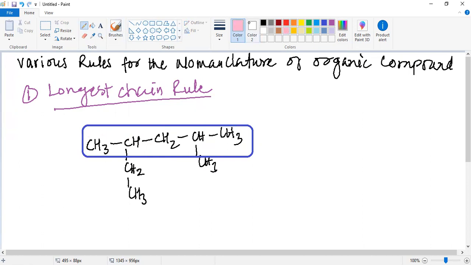So let me give the numbers. This is 1, 2, 3, 4 and 5 carbons.